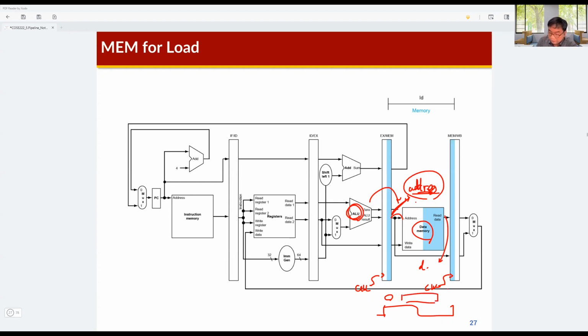After some delay of the data memory, the output comes out. Okay, so the address is given at this timing because this is the output of the D flip-flop, and then after delta T, the data comes out from the data memory, and then this data is sampled by this rising edge of the clock.